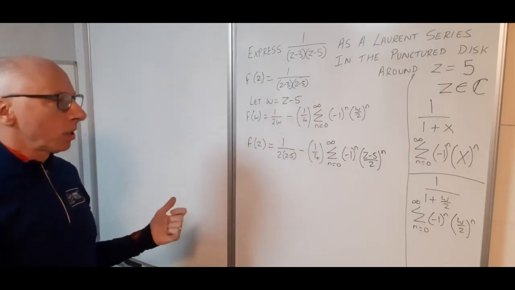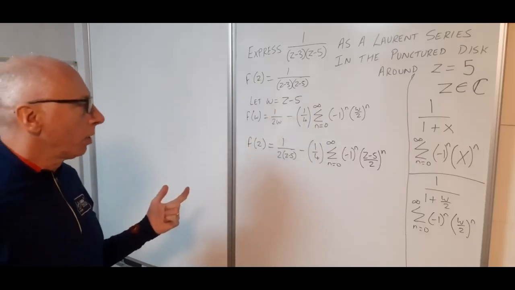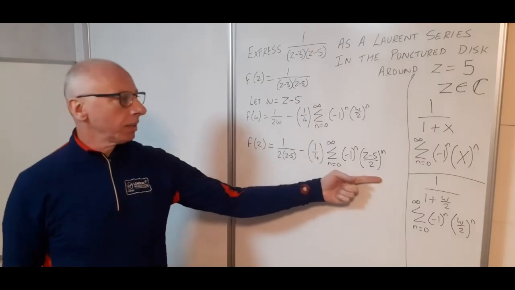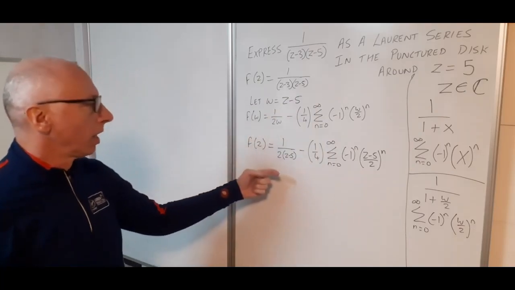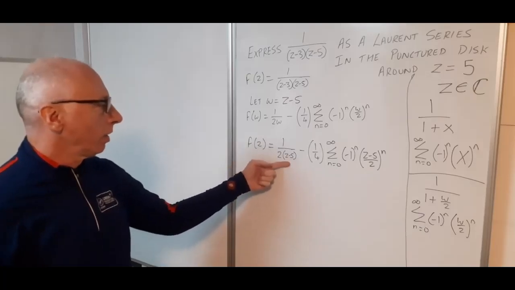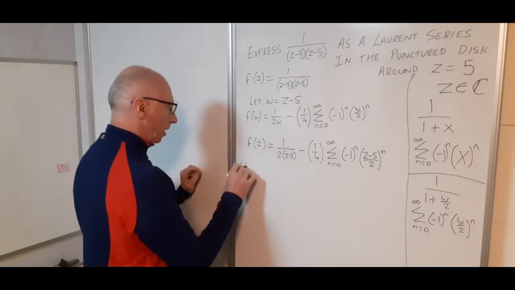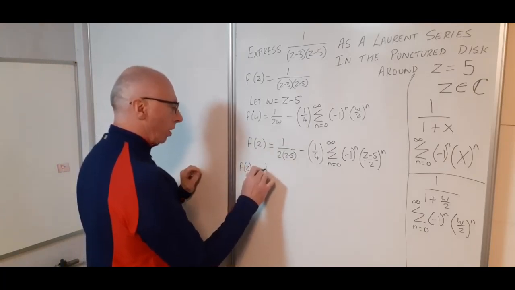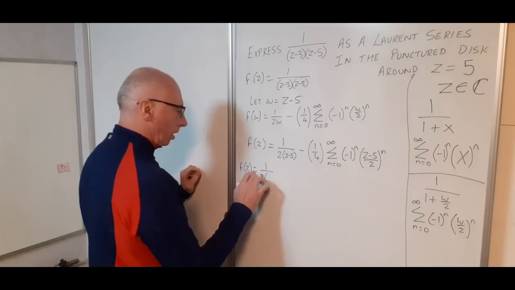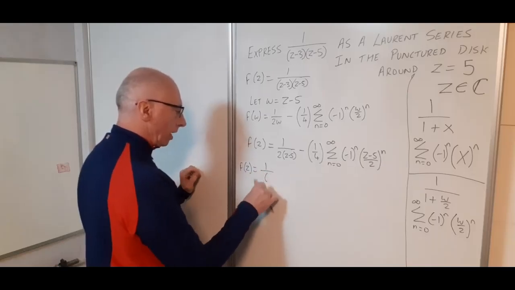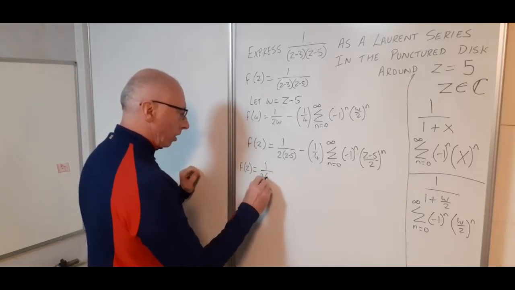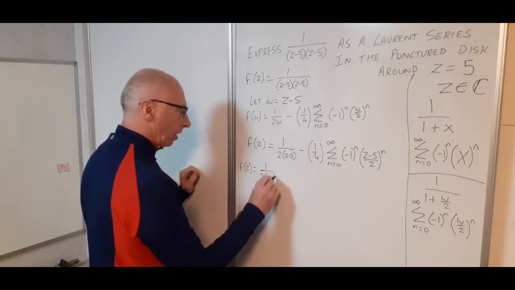So now let's build this up from n equals 0 up to 2, like I did in my last video. So when n is 0, first term here, let's write f of z. I've got 1 over 2, let's write that 2 so it doesn't look like a z, 2z minus 5.